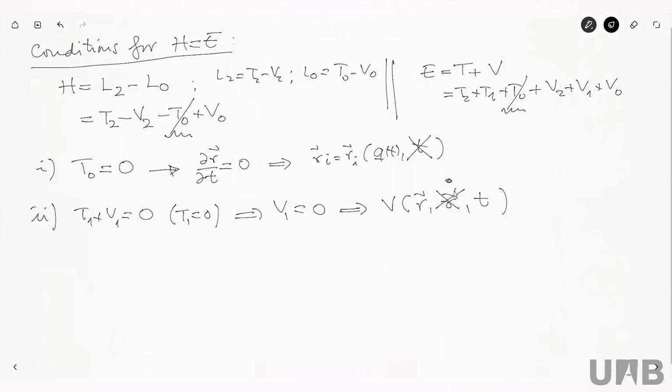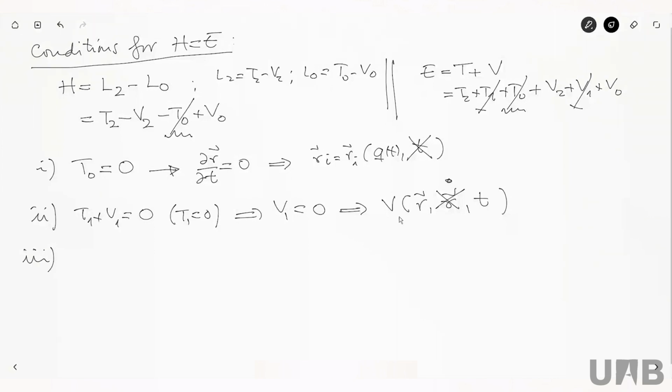Now, when the position vectors don't depend on time and the potential does not depend on velocities, then we have T0 is 0, T1 is 0 and V1 is 0, both of them. So that means that I don't have this guy and I don't have this guy, okay? But I still have to worry about T2 plus V2 versus T2 minus V2. So there is a third condition that I have to satisfy.